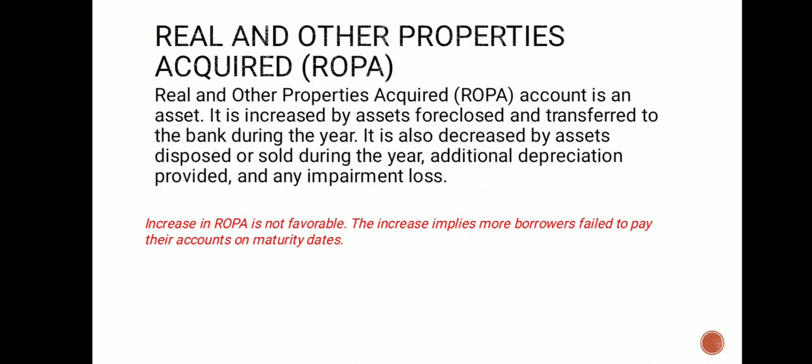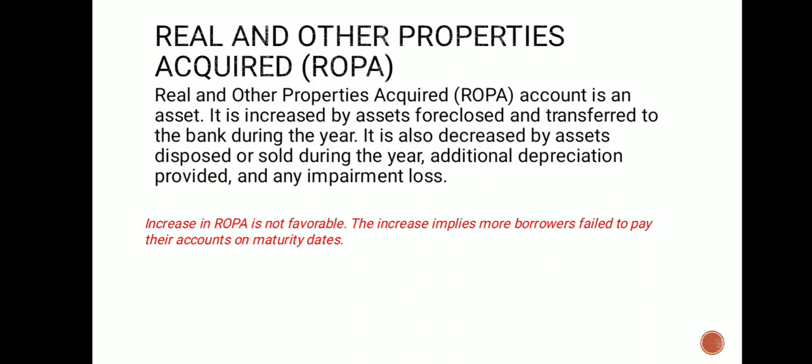The increase implies more borrowers fail to pay their accounts on maturity dates. So as I said, the ROPA account is an asset, but its increase is not favorable. An increase of ROPA means that more borrowers failed to pay their accounts on maturity dates.